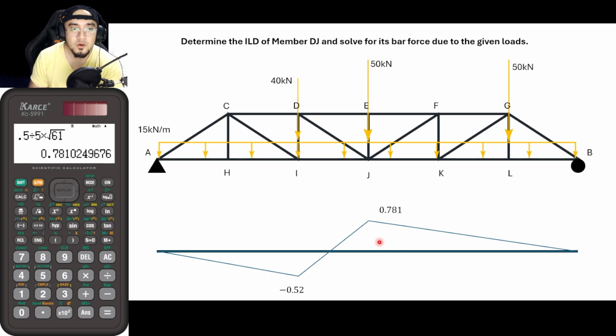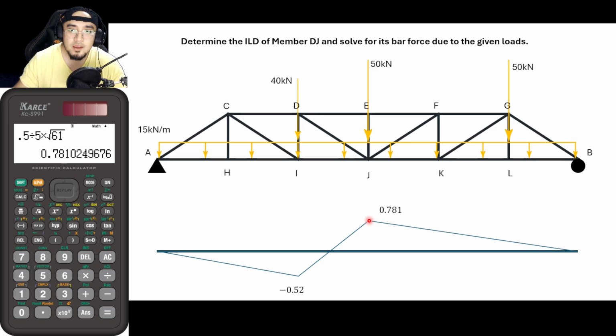If the load is located exactly at this line, it would experience the highest compressive force. But if the load is located exactly at this point, the bar member would experience the highest tensile force. It is actually the combination of the right side and the left side, and from that we will be solving for its combined effects.